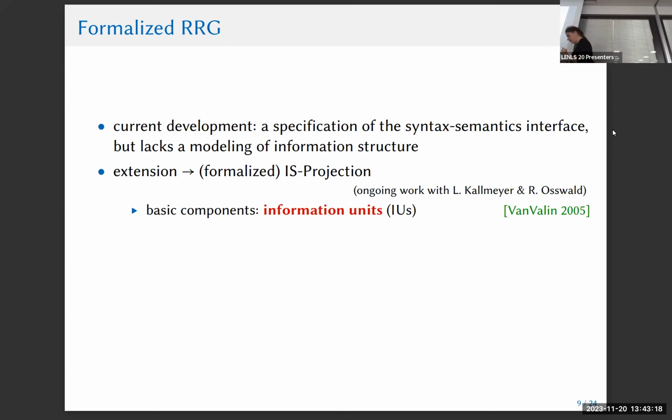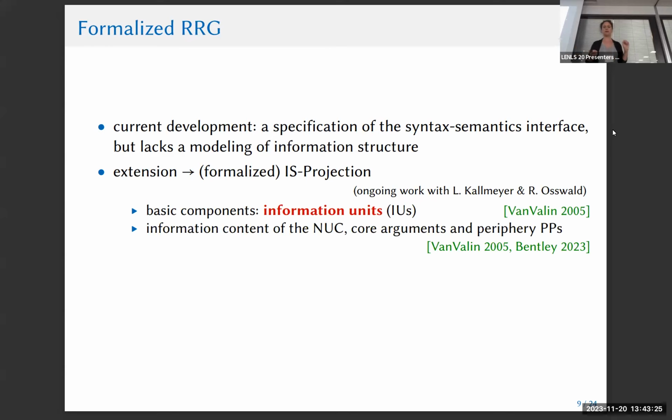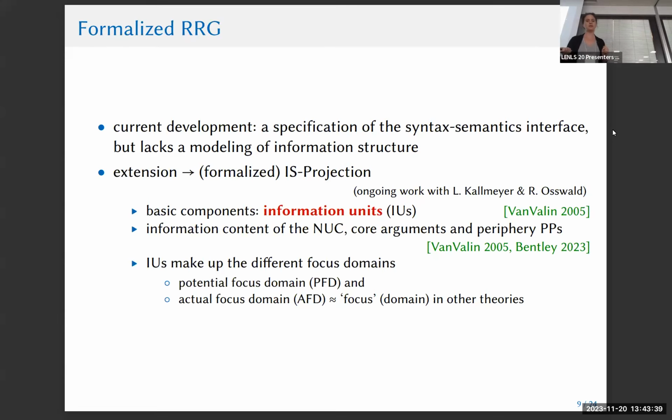And here, the idea is that the basic components are information units. So what are these information units? These are the information content of certain syntactic domains. So the nucleus, the core arguments, the periphery PPs, that's how Van Valin and Delia Bentley introduced it.